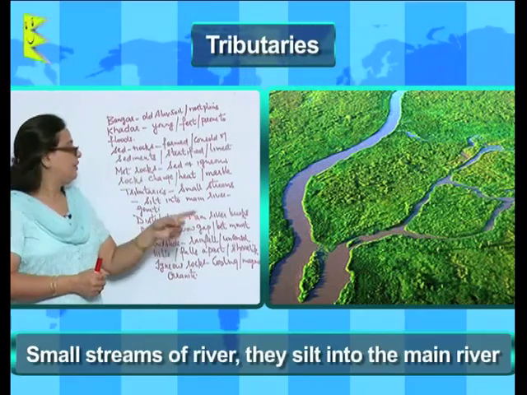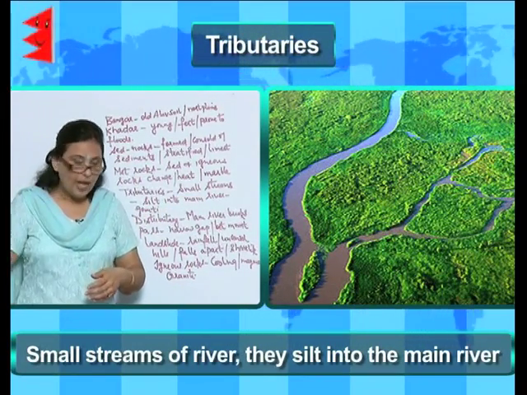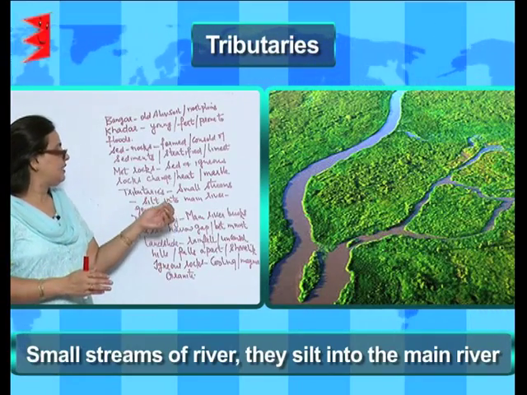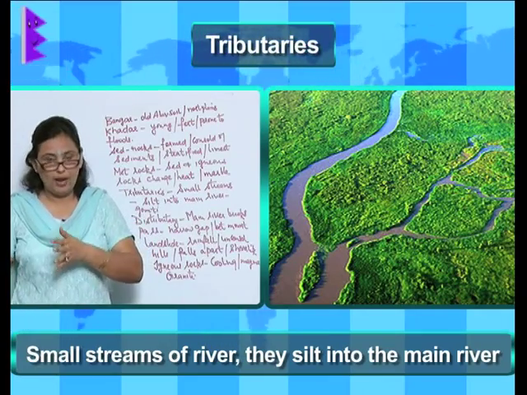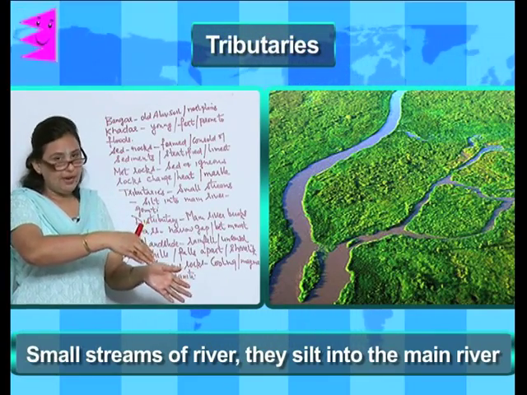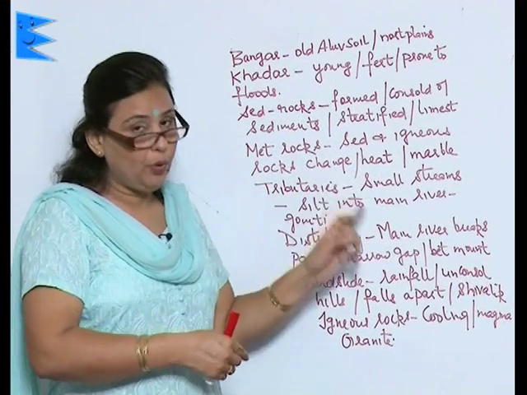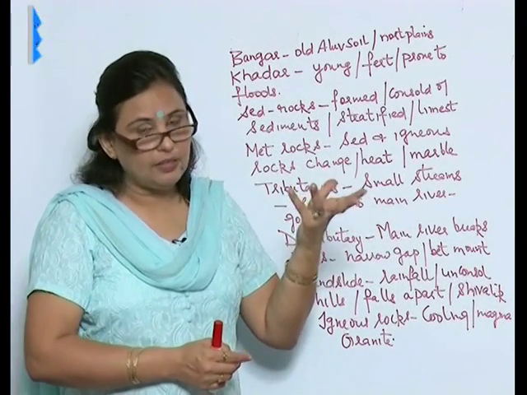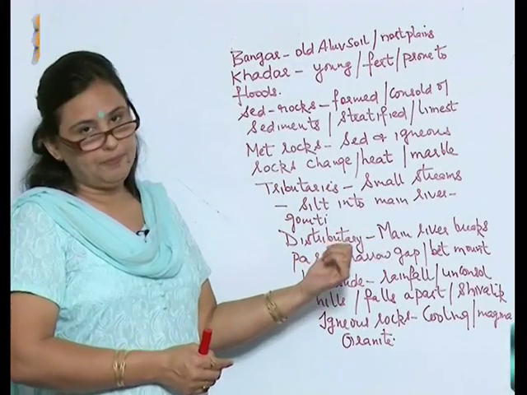Next is the tributaries. Tributaries are the small streams of a river and they flow and silt into the main river. That is, all of them go and fall into the main river. That is a tributary, and a tributary of Ganga is, for example, Gomti. Then distributary.